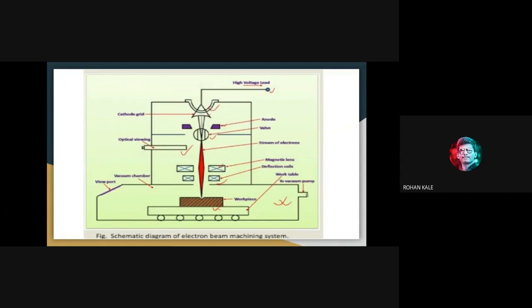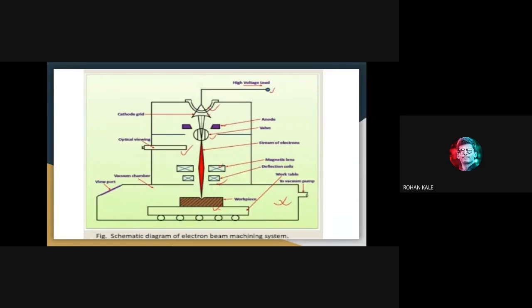At the back side of your workpiece, a backing material is used. After machining the top surface of the workpiece, when the beam reaches the bottom side of your workpiece, it also vaporizes the backing material.